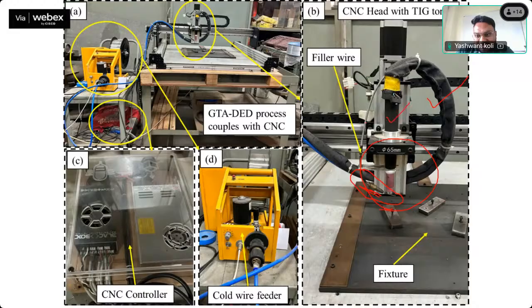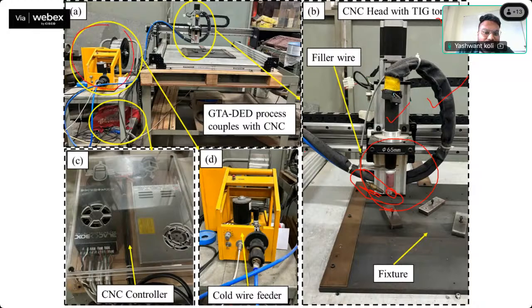You can see the wire thing. This is the standard torch. This is the wire that is coming at a 45-degree angle. This is the tungsten electrode, you can see. And this is the fixture, filler wire, and this is the CNC head with TIG torch. So how this wire is automated is, we have integrated a separate cold wire feeder.